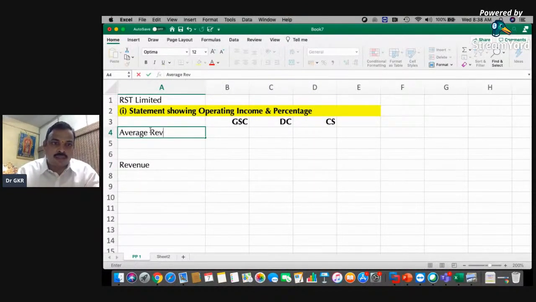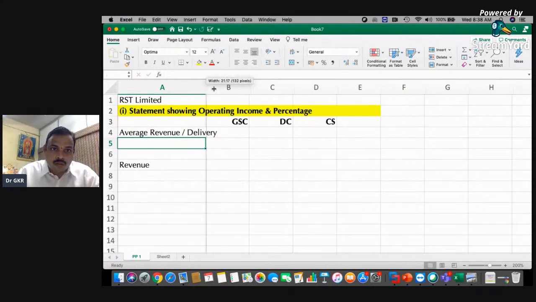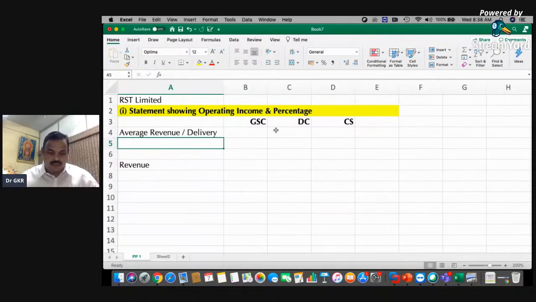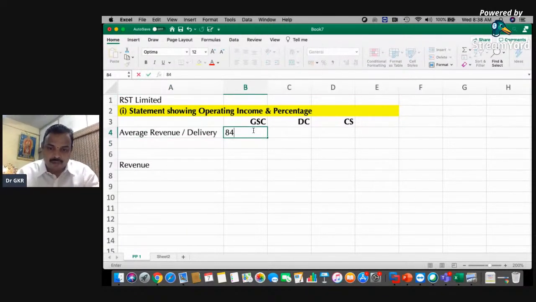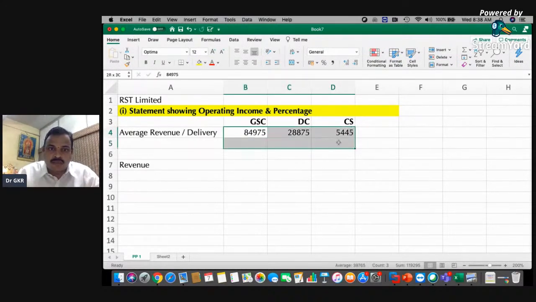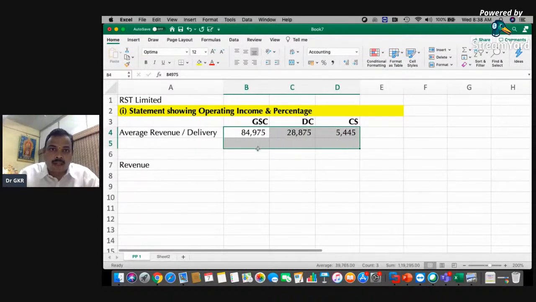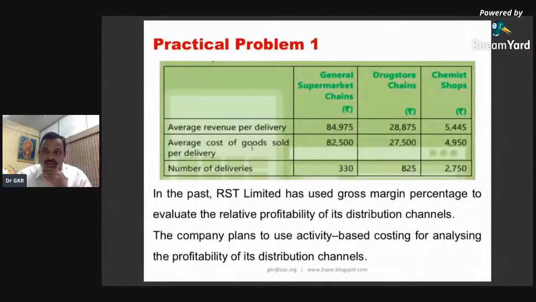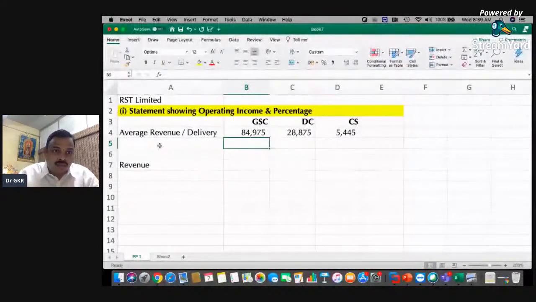So what is your average revenue per delivery? 84,975, 28,875, and 5,445. So this is your average revenue per delivery. Now what is your average cost of goods sold?